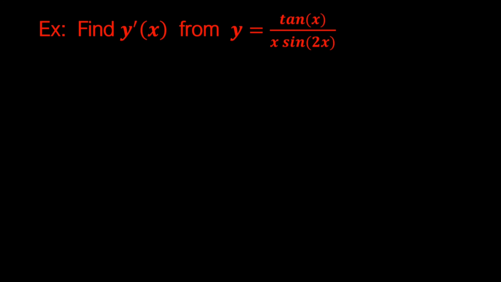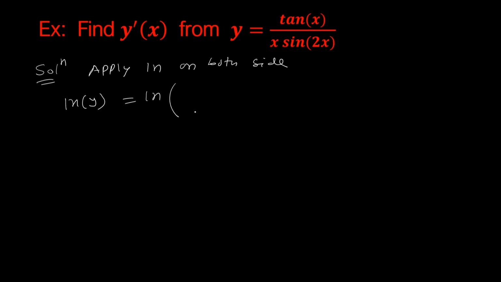Our next problem is y equal to tan x over x sine 2x. The derivative can also be solved by the quotient rule, but here we will solve it by applying the logarithm function. So apply ln on both sides. ln y is equal to ln of tan x over x sine 2x.